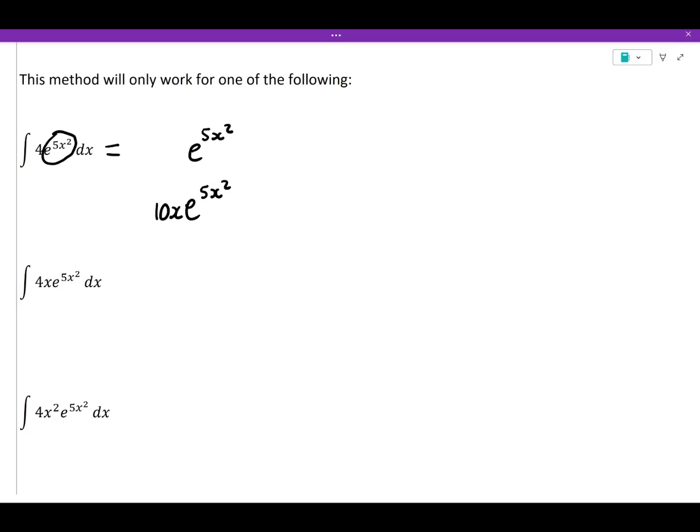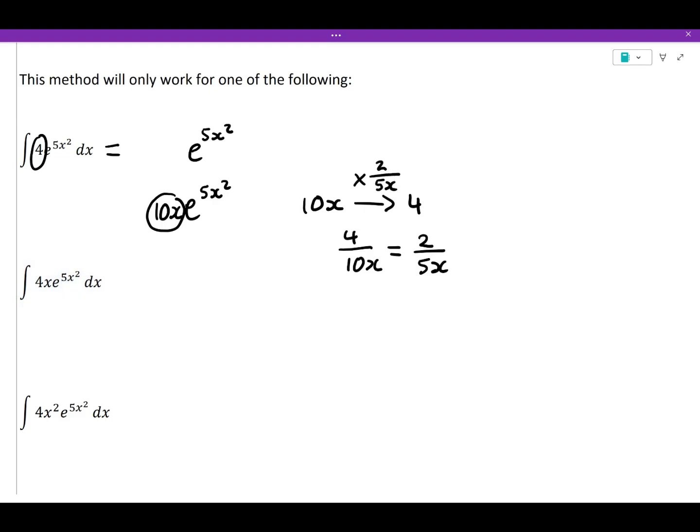But let's do a bit of a comparison here. We got a 10x here in front, whereas in the initial question, we have a 4 in front. So how do we get from 10x to 4? Well, we'd have to do 4 divided by 10x. So we'd get 4 over 10x, which simplifies to 2 over 5x like that. So that is what we're going to have to multiply by to make this change happen.